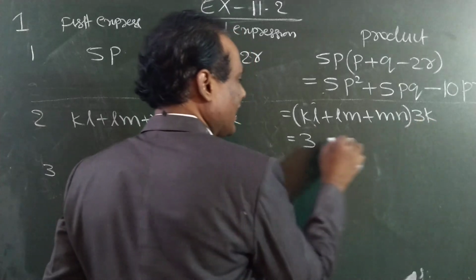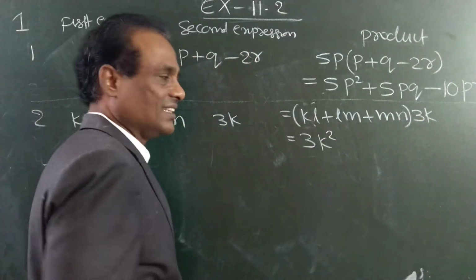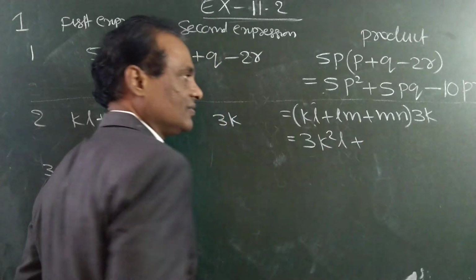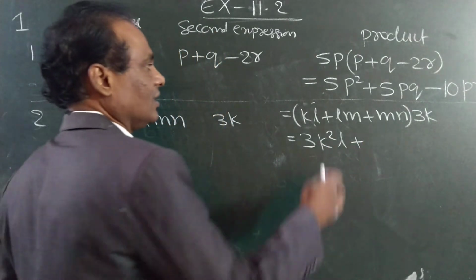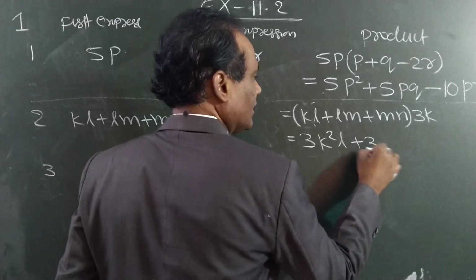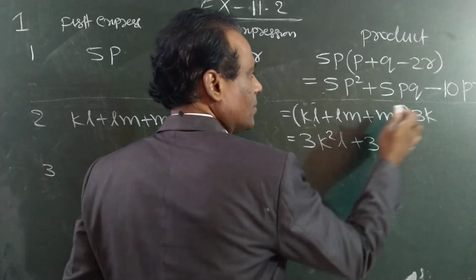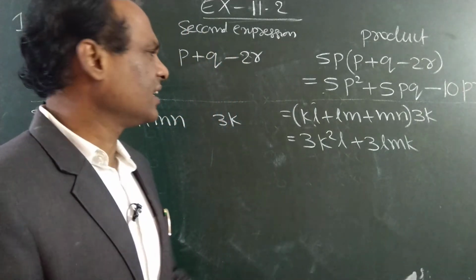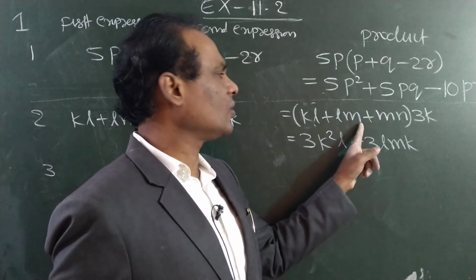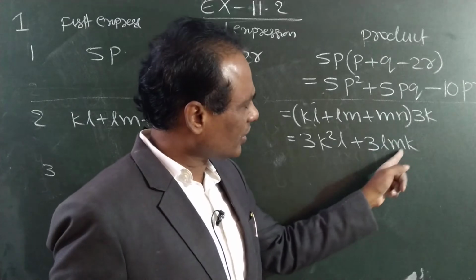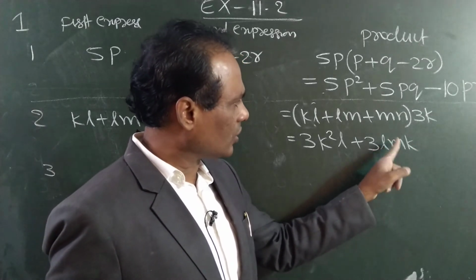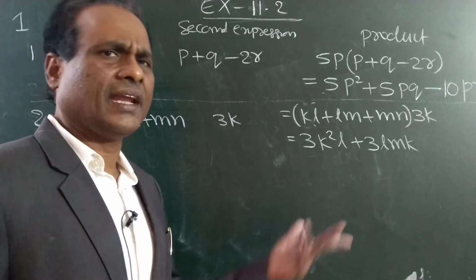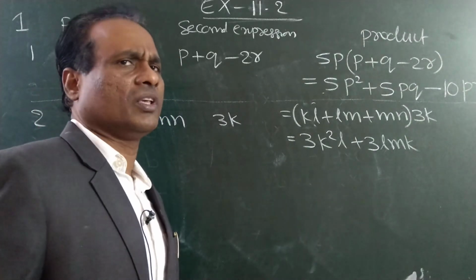K into K is K square, L. 1 into 3 is 3. L, M, K. Any order you can write. You can write K into L into M or M into L into K or K into M into L. Any order it is same only. 2 into 3 is 6, 3 into 2 is 6.